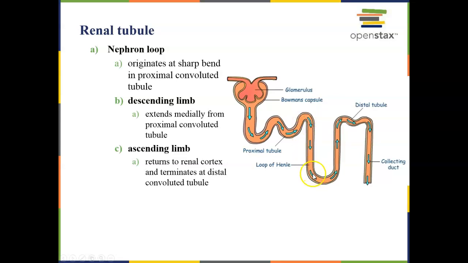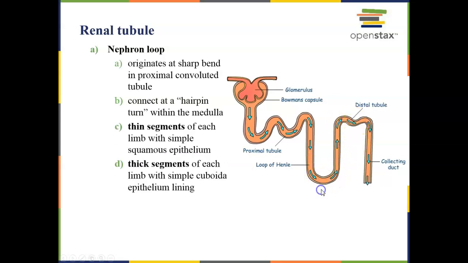Both the descending and ascending loop of Henle have different regions where you have thick and thin epithelium. In the thick regions, you're not going to have as much reabsorption. In the thin regions, you're going to have more reabsorption of materials. So here's what I was talking about.